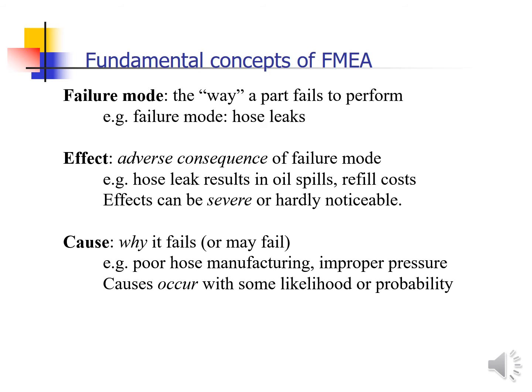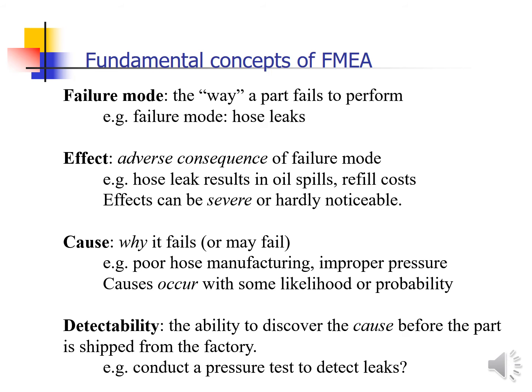Cause: why it fails or may fail, poor hose manufacturing, improper pressing. Cause occurs with some likelihood or probability. Detectability: the ability to discover the cause before the part is shipped from the factory. How? We conduct a pressure test to detect leaks.